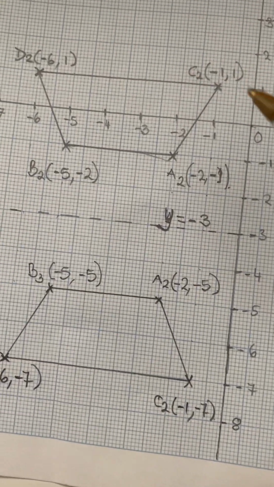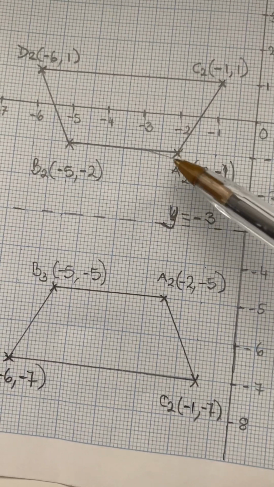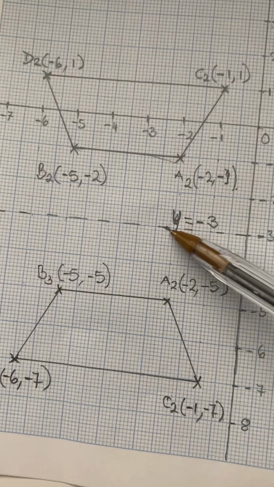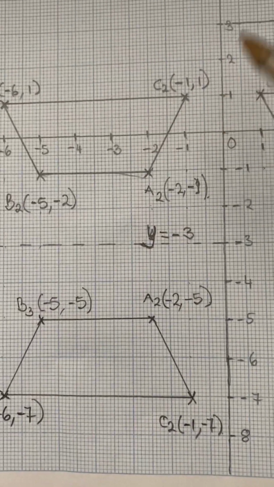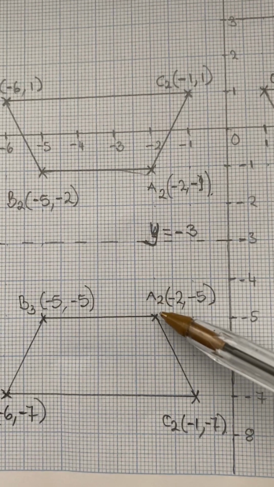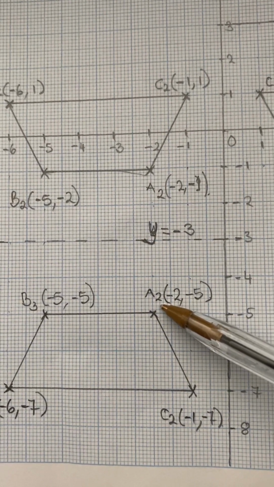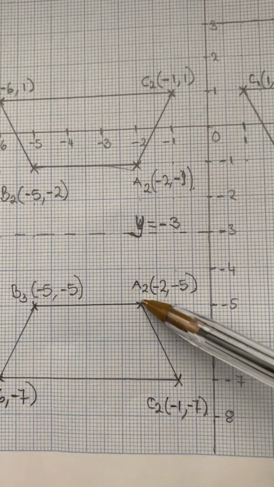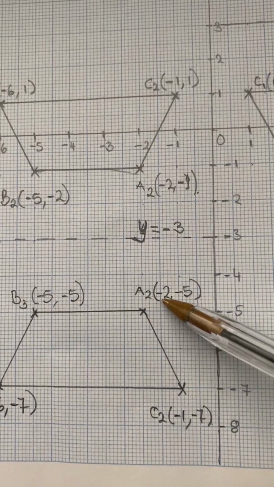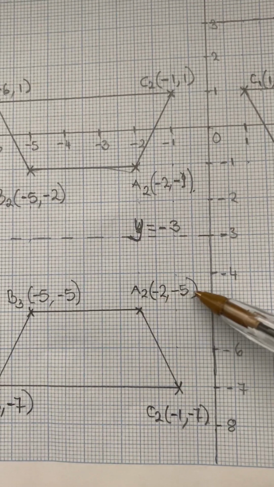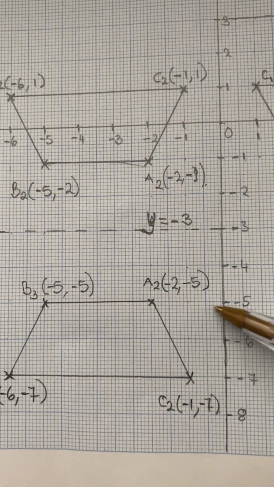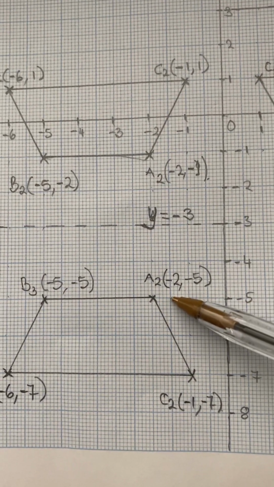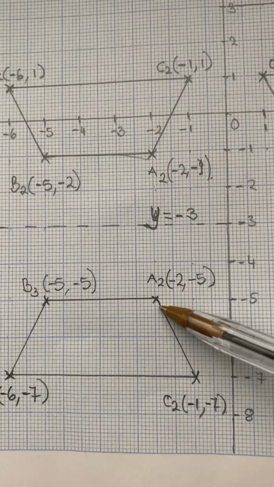So now A, 1, 2, we get to the line. So now 1, 2. So A3 now is -2, -5: -2 on x, -5 on y. So we've got A3.